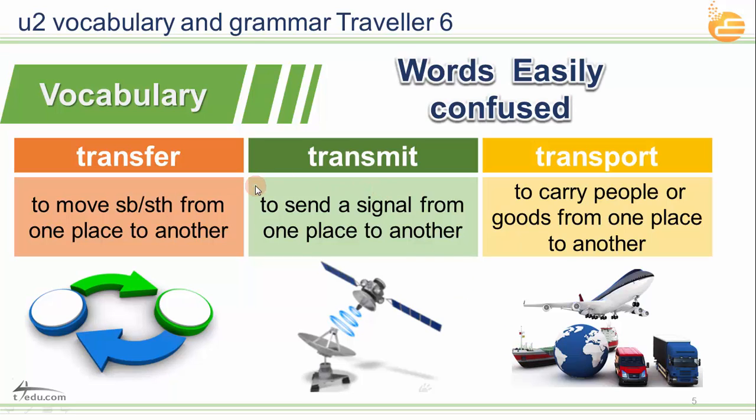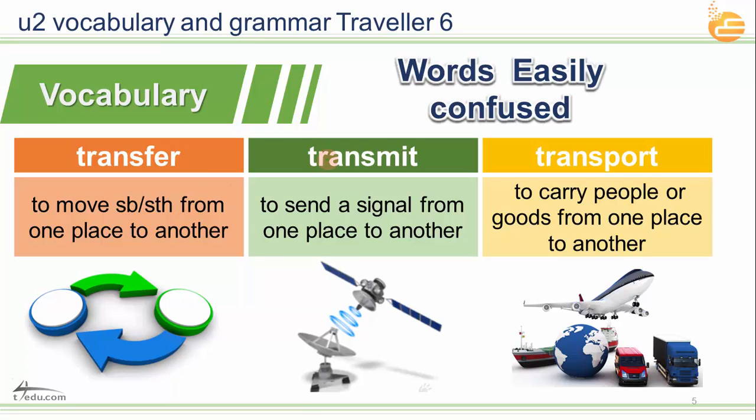So transfer, it comes to your mind that when you move somebody or something from one place to another, you either transfer data on a computer, for example, or somebody was transferred to another place, or his job was transferred to another job title or another position.